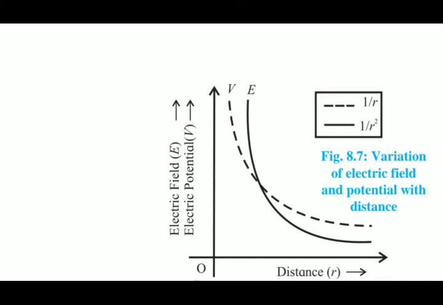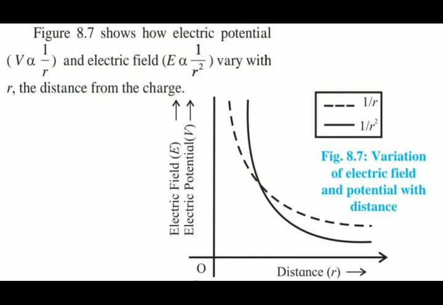Now, this graph shows how electric potential V, which is directly proportional to 1 upon R, and electric field E, which is inversely proportional to R square, vary with R, the distance from the charge.